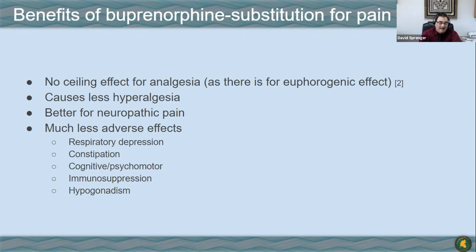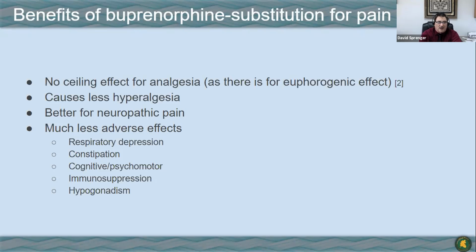But if you go up to 8 milligrams, that should give you 240 milligram equivalents worth of analgesic effect. And if you double that again, that's equivalent to 480 milligrams. So it's equivalent to a lot of morphine in terms of its analgesic effect.